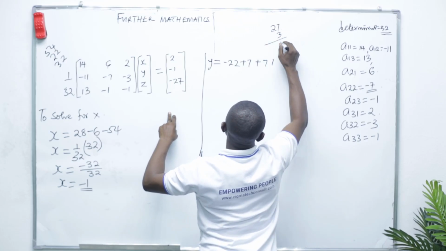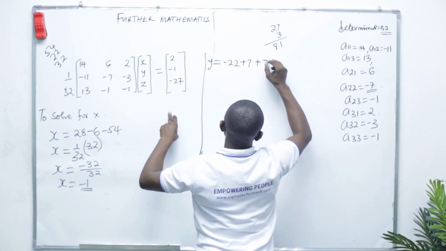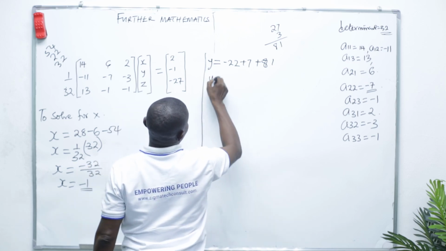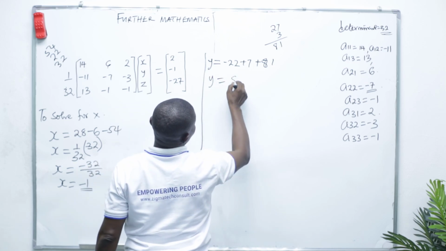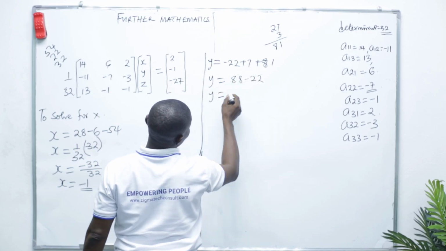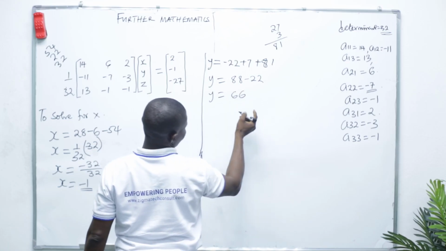This is 21 carry 2, this is 6, 81, okay? So y equals 88 minus 22. Y equals 66, okay?